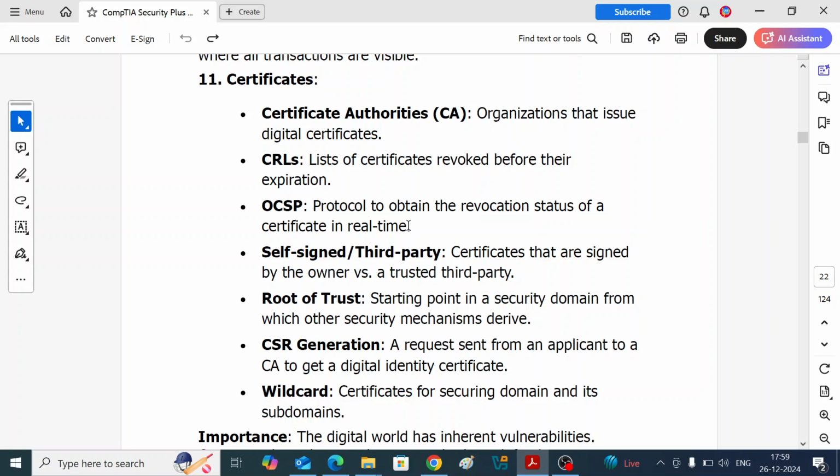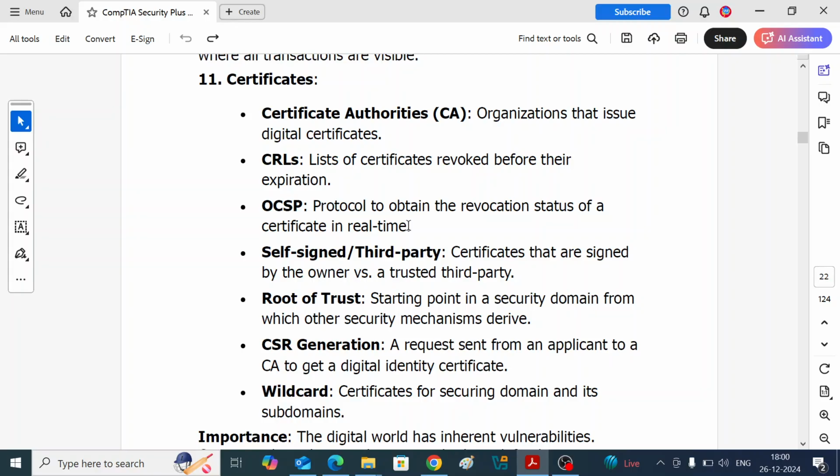Then we have CRLs. This site will have all the certificates which are revoked. If you want to check which certificates have lately been revoked, you can go to this site. CRL stands for Certificate Revocation List.